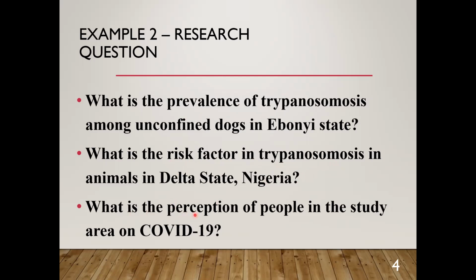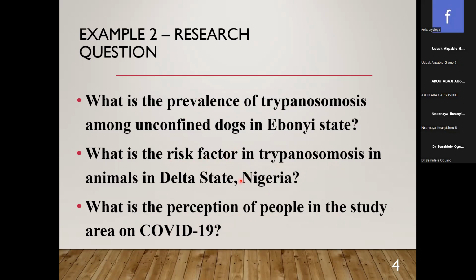While the fourth one is the perception of people in the study area of COVID-19. So here we are measuring perception, number three. Number two, we are measuring the risk factor. Number one is prevalence. Prevalence will be experimental essentially, because you are going to be taking samples and screening the dogs.